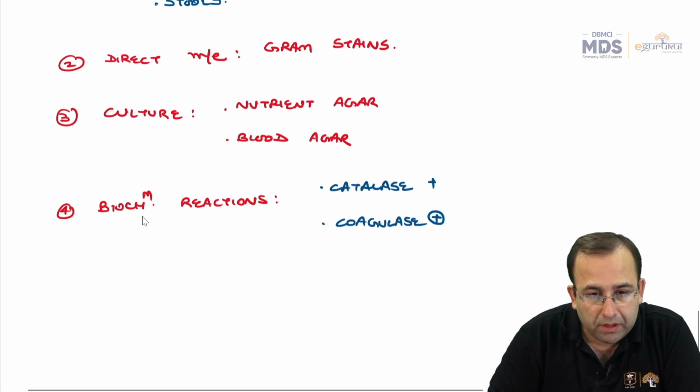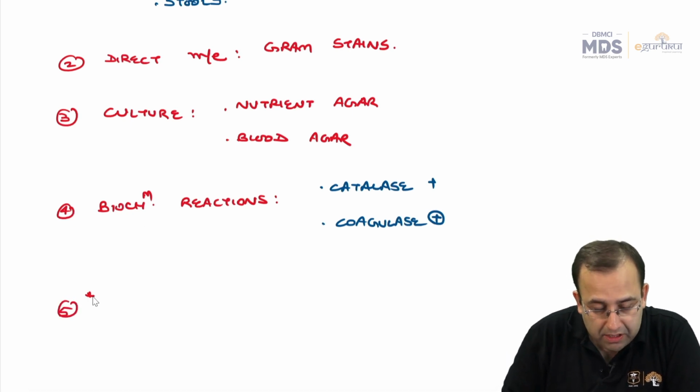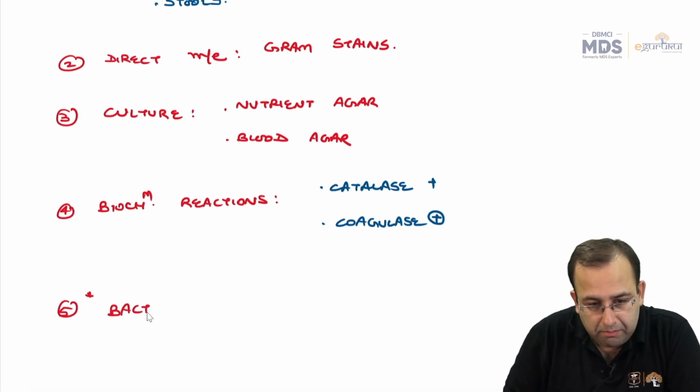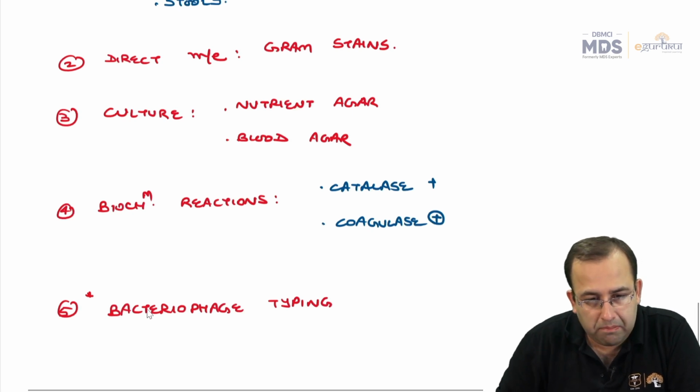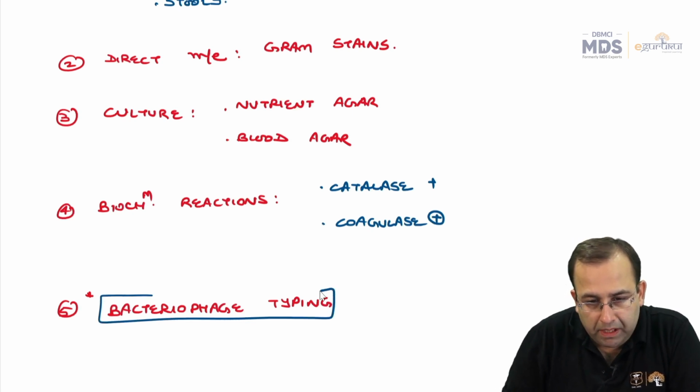The next method to make a diagnosis, please put a star, is bacteriophage typing. This is asked as a simple written MCQ.